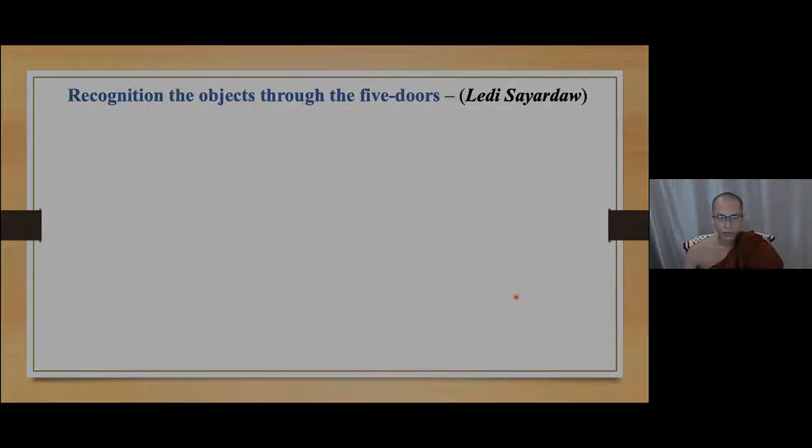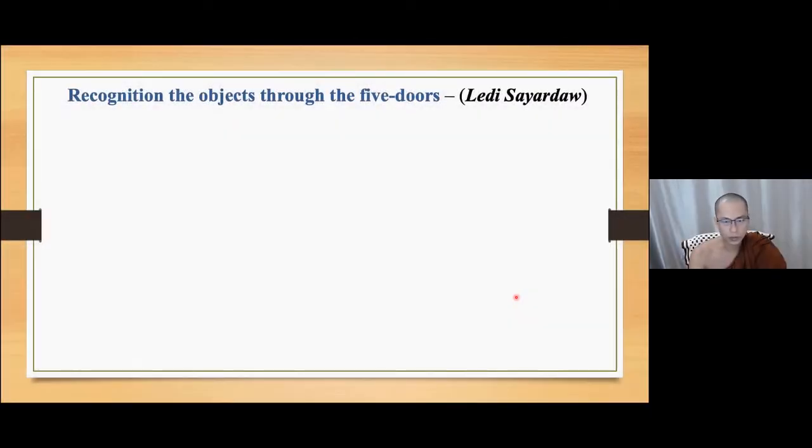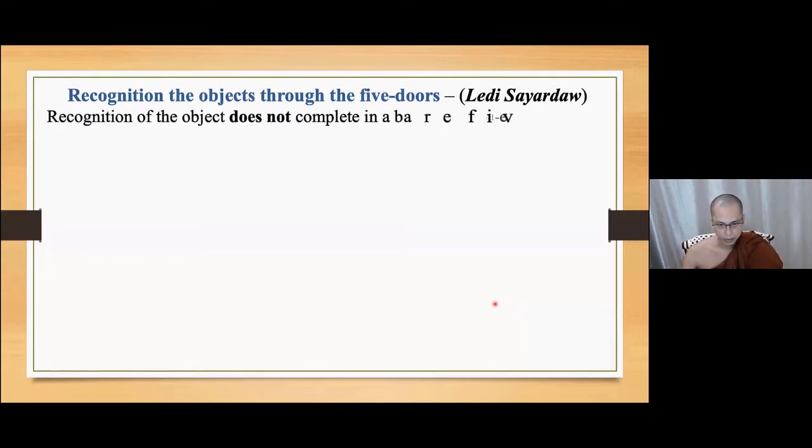Okay, recognition of the object through the 5 doors. This is mentioned by Lerisiaro, our great scholar, that the recognition of the object arises when consciousness arises in order, cognizing any object.